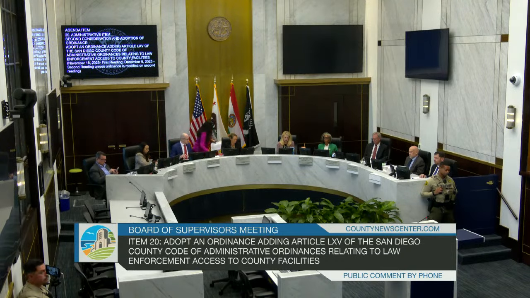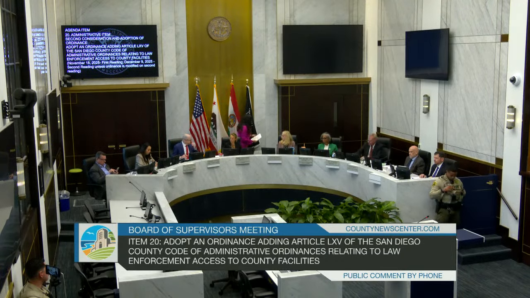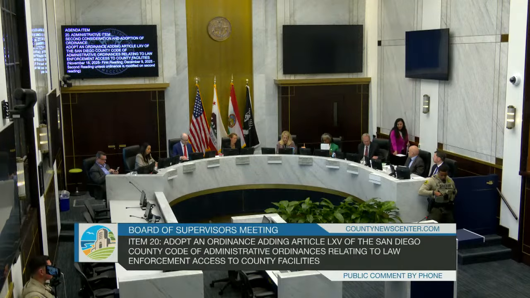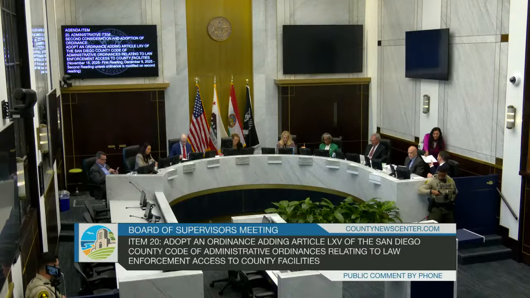The phrase, quote, "in response to an immediate threat to life or public safety, pursuant to a narrowly tailored policy adopted by the chief administrative officer," end quote, without specifying the policy, is so vague that it wouldn't stand up in court.